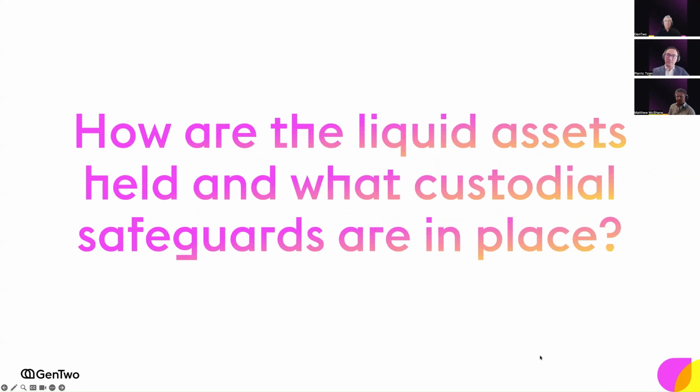Next slide, please. How are the liquid assets held, and what custodial safeguards are in place? Well, the liquid assets are held at a custodian. So we would have a custodian account set up at a custodian either we already work with or a new one. We have a wide variety of approved parties that we work with already who offer the same services. Some of them have advantages in that they are specialized in specific types of underlying assets.